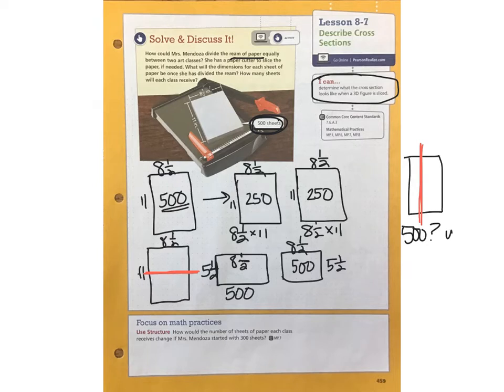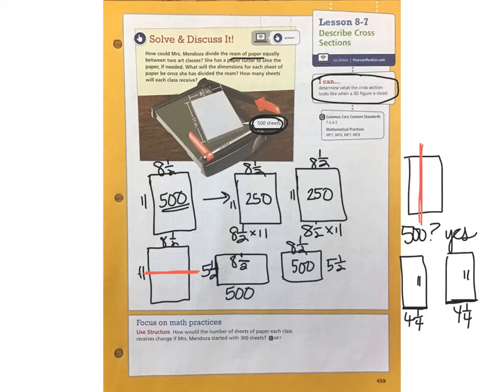And the answer is yes. But what would the dimensions be of each of those stacks of 500? Well, this time, the left and the right side would still have the dimension 11. But what about the top and the bottom? Instead of 8.5 inches across the top and the bottom, each of those would have 4 1/4 inches. So the dimensions on those two would look quite different.